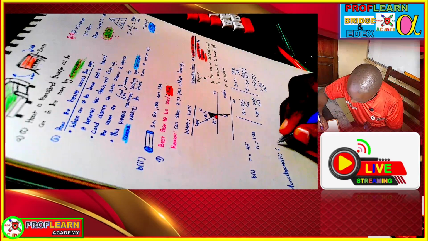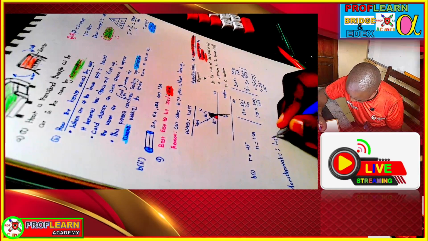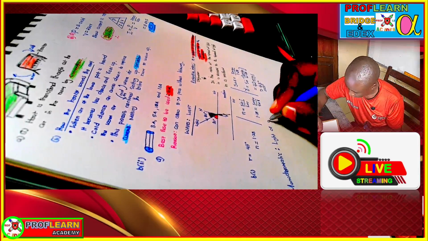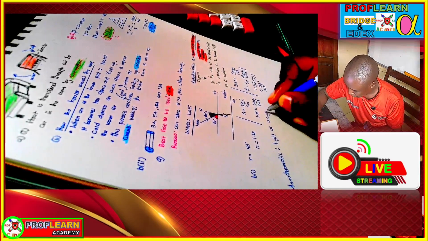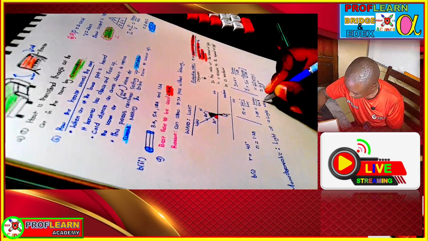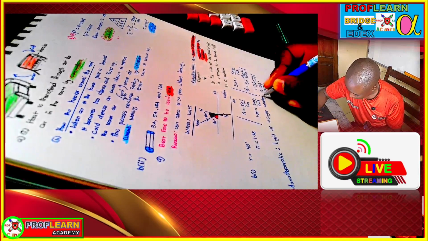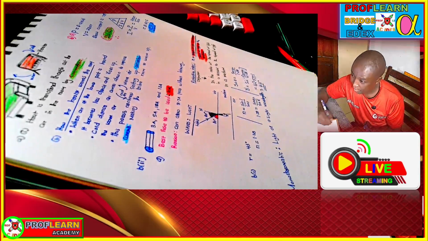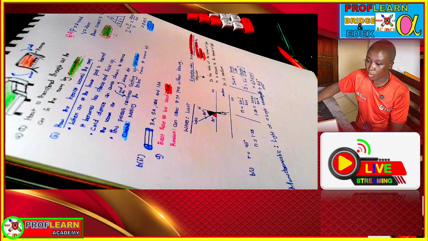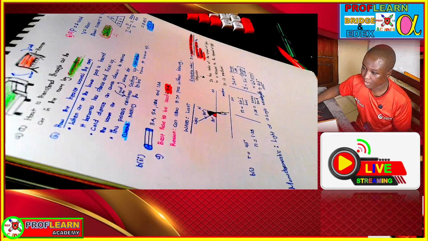So we can say this is light of a single wavelength. Basically, that's what you are supposed to say in that particular part.